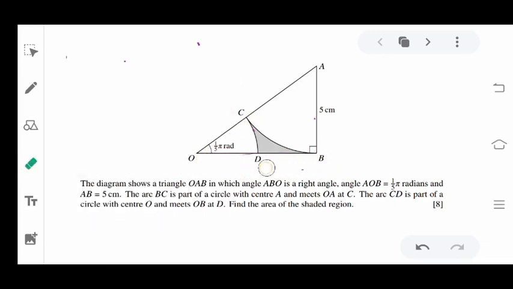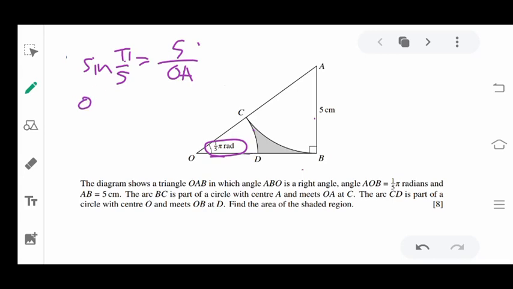We can use the trigonometrical ratio sine: sine of pi by 5 radian is equal to opposite side divided by hypotenuse.